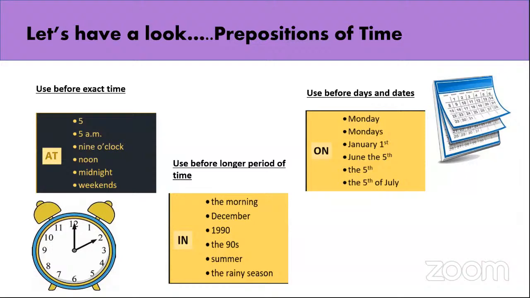Okay, let's move on to examples. The party is in December. I think this will clarify your doubts. The party is on December 1st, or you can say 1st of December.